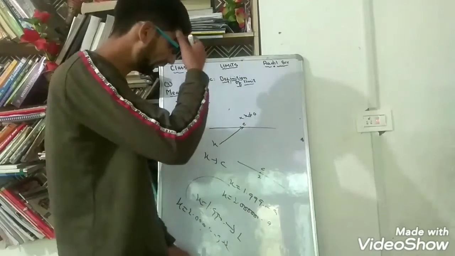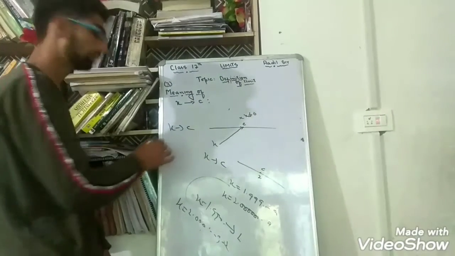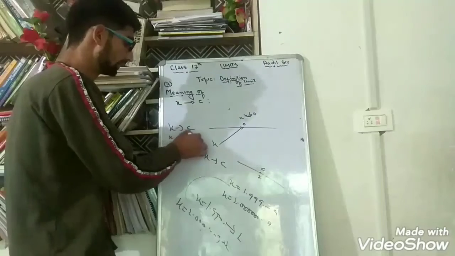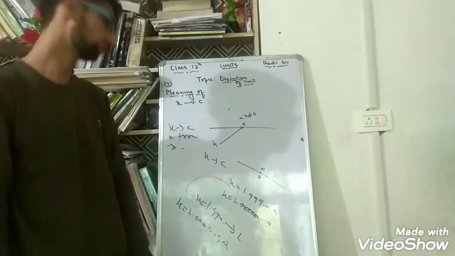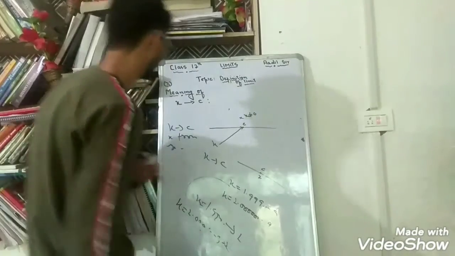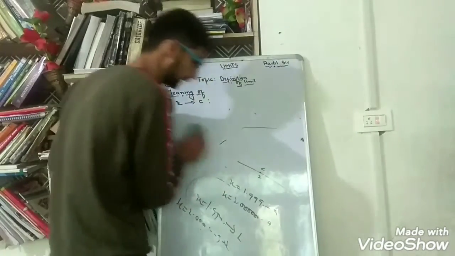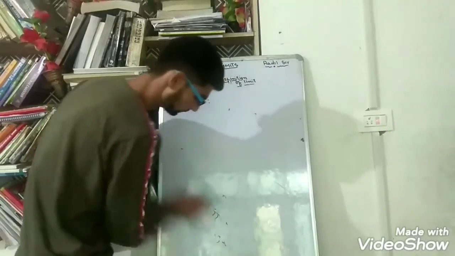So I can say that x tends to c means x is tending to c from the left as well as from the right of c. We will write the meaning of x tends to c first, and after that we will discuss these two things as a remark.